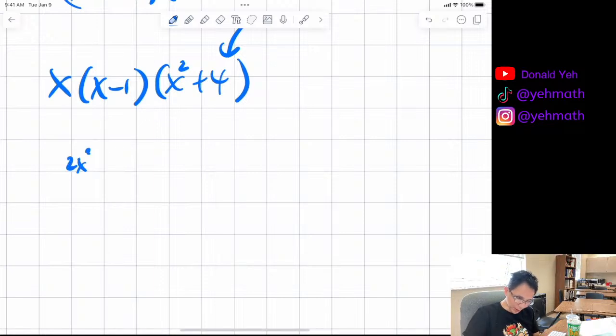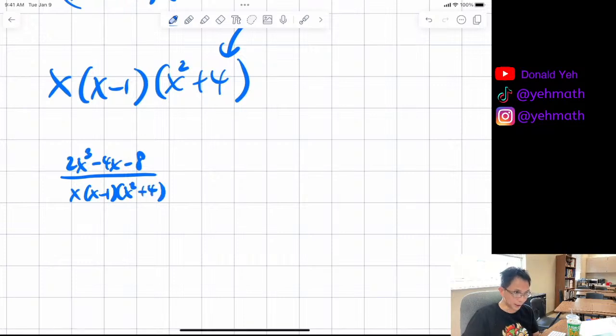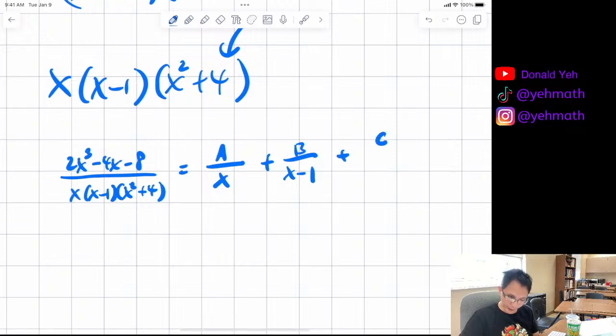It's 2x cubed minus 4x minus 8 over x times x minus 1 times x squared plus 4. The only thing different is the first one is going to be A over x. We already know that. Plus B over x minus 1. Plus C.